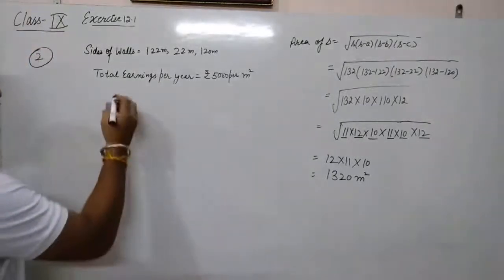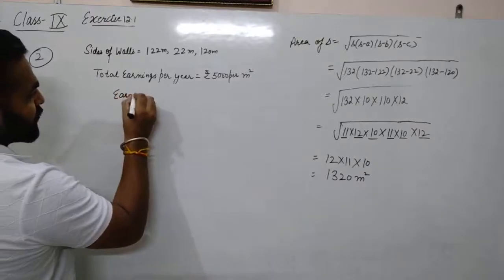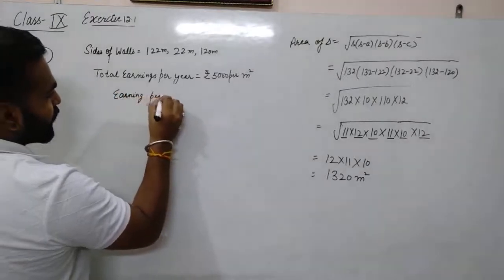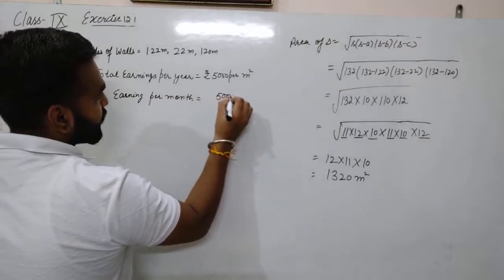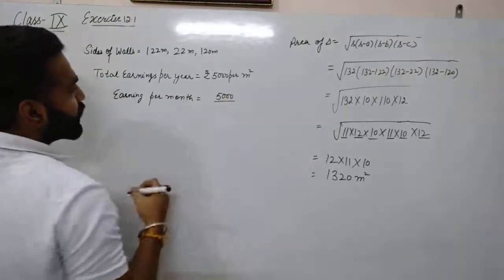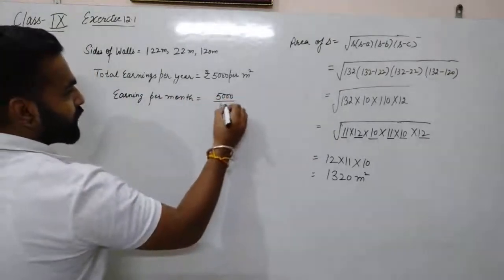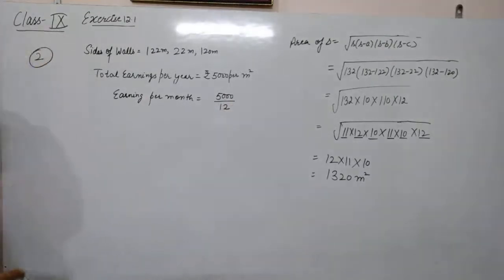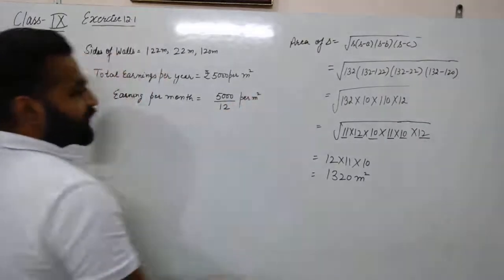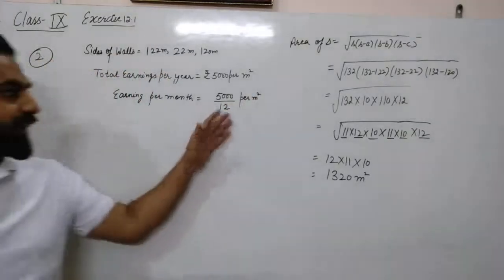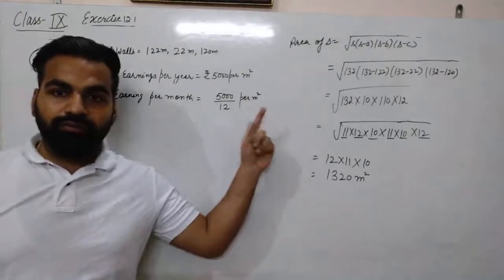So earning per month will be equal to 5,000 upon 12. This will be for per meter square. Clear everyone? This is the earning per meter square for only 1 month.